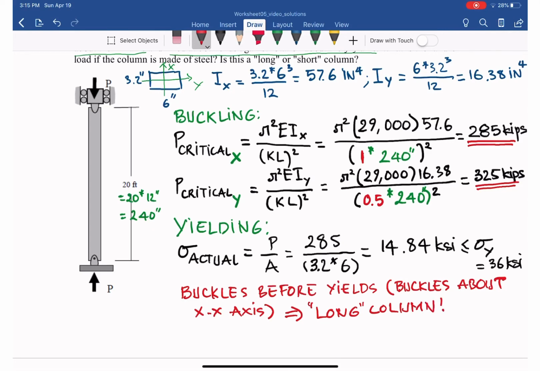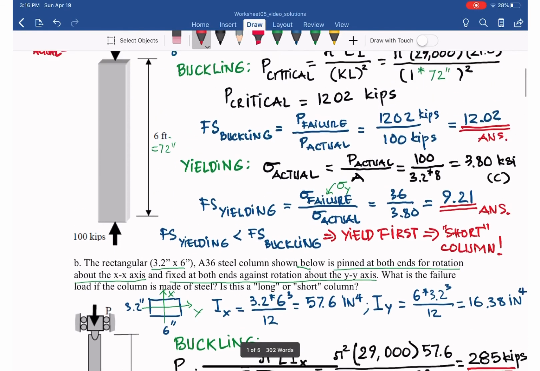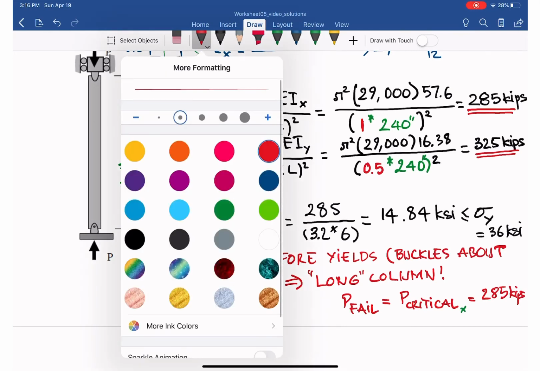In that case, we can say it is a long column. When it is a long column, compared to the short column as we said in Part A, the failure load P fail equals the P critical in the x direction, and that equals 285 kips.